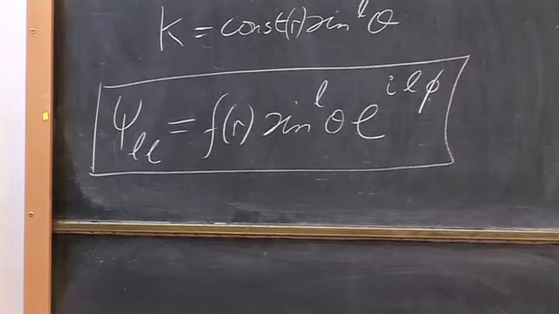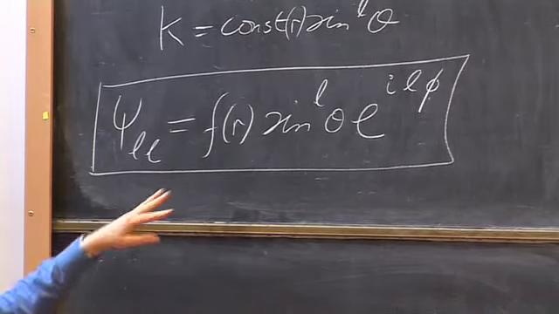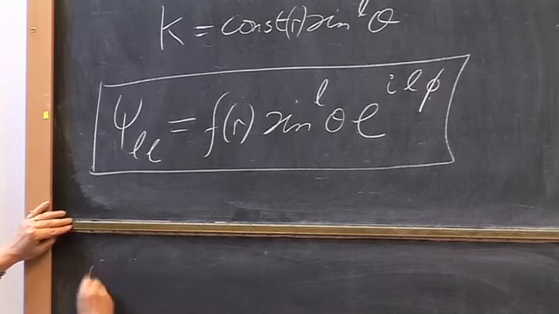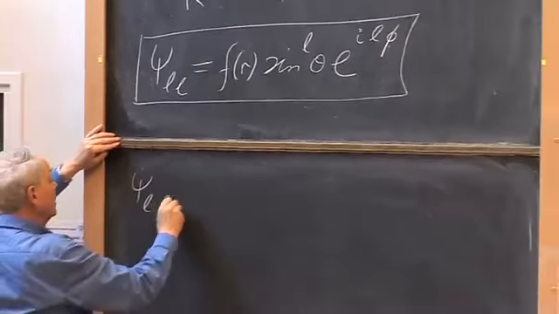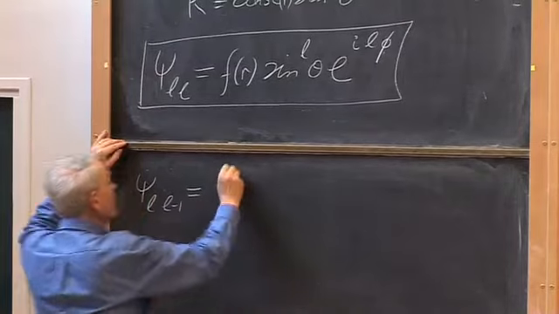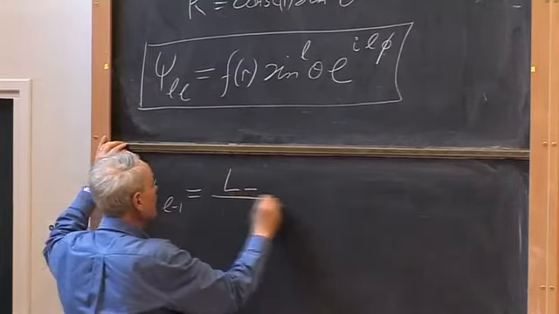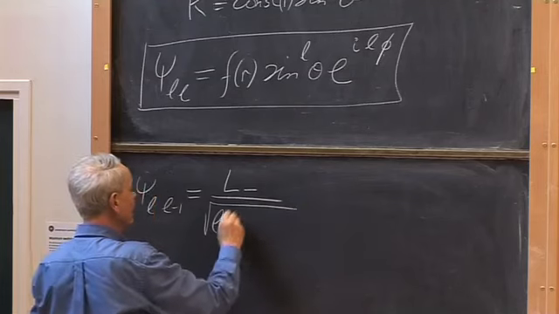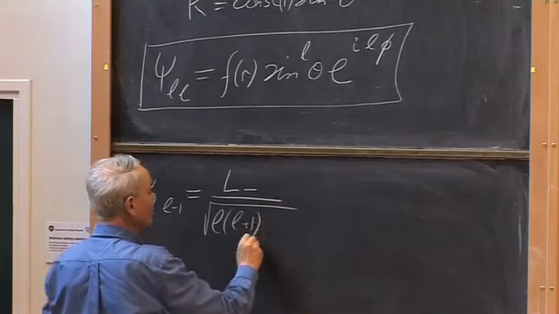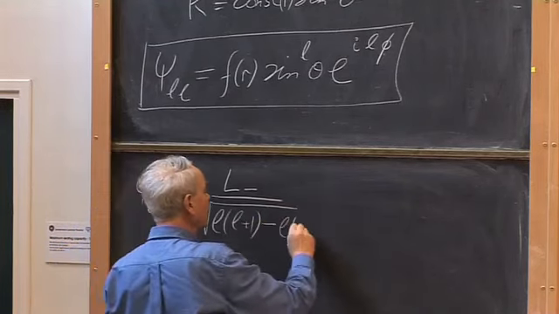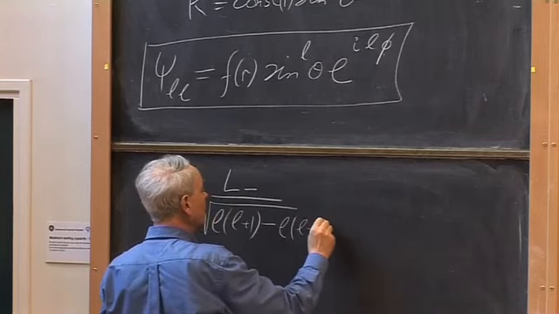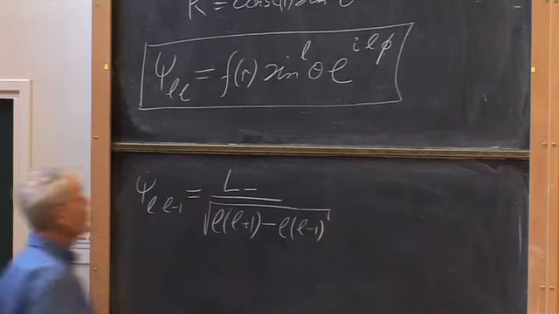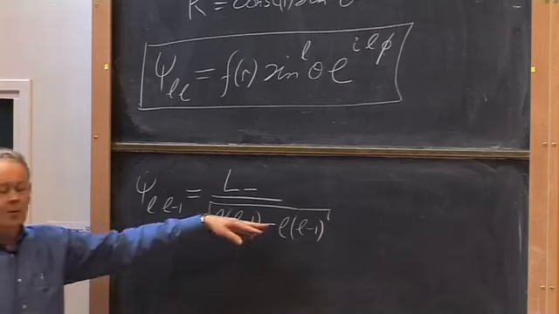And now we're in a position to calculate anything else, because if we want to find what psi L minus 1 is, then it's equal to L minus divided by an appropriate normalization factor, which happens to be L plus 1 minus L minus 1. Remember, these ladder operators come with square rooty normalizing factors.